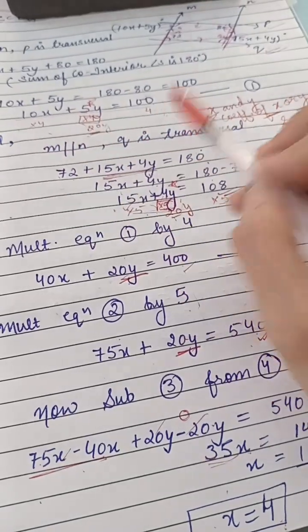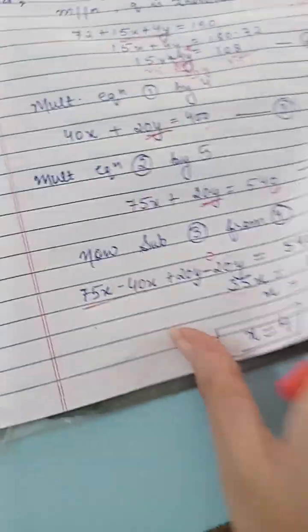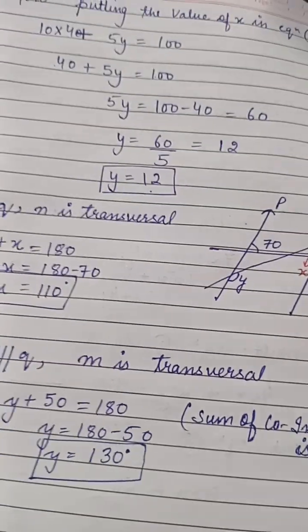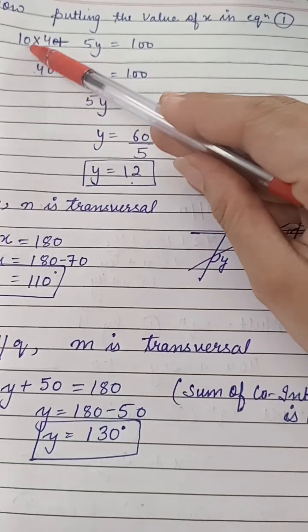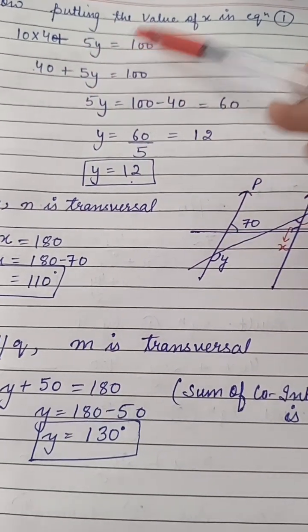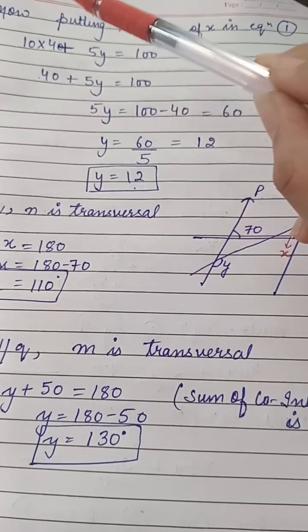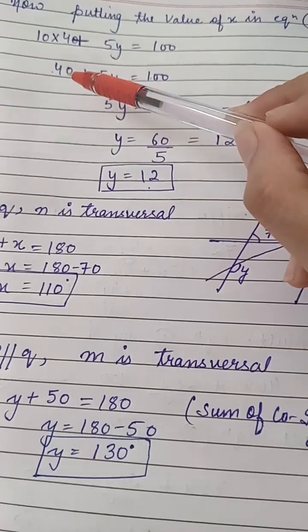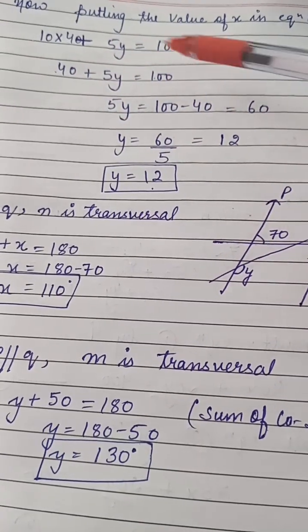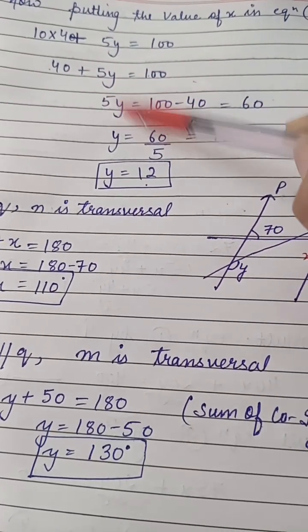10x plus 5y equals to 100. We will take the first equation and substitute the value of x over there. Now substitute the value of x in equation 1, that is 10x, 10 into 4 plus 5y equals to 100. Y will remain as it is because we didn't have the value of y right now. 4 tens are 40 plus 5y equals to 100. 5y will be as it is, constant.